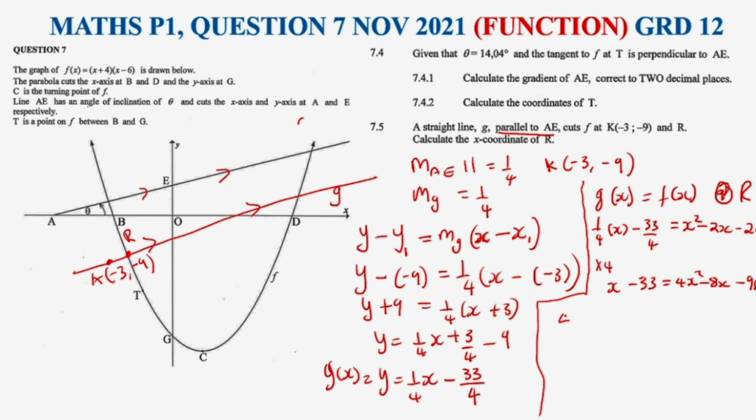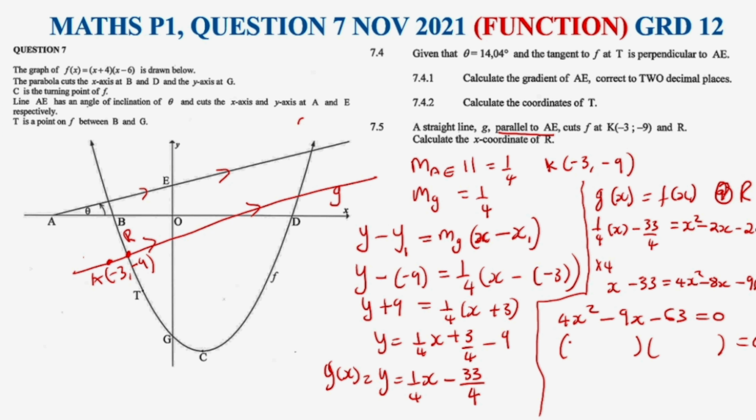We are going to be left with 4x squared. Then we take x to that side, it's going to be negative x, then negative 9x. Then we take 33 to that side, negative 96 plus 33, which leaves us with negative 63 is equal to 0. Therefore, we need to factorize this, or you can use the quadratic formula to solve for x in this case.